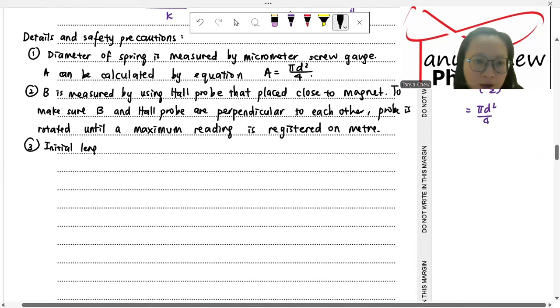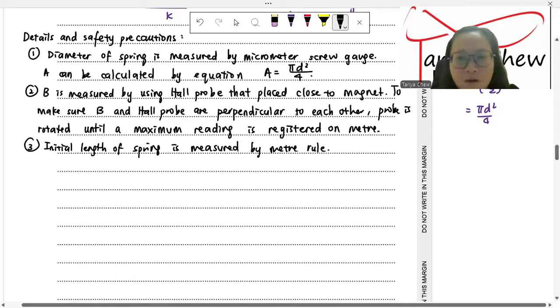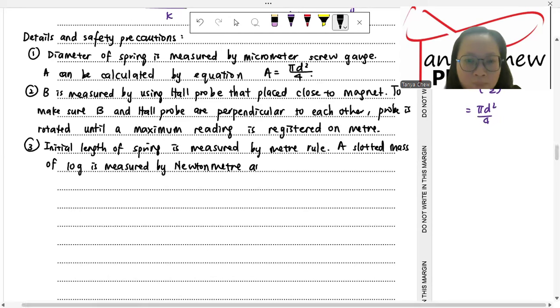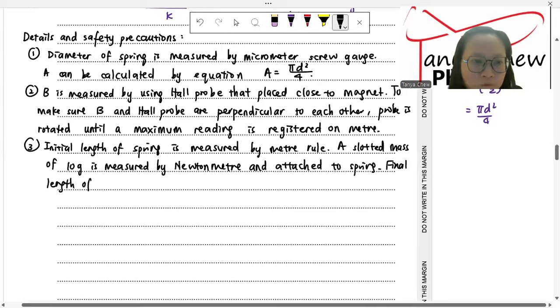The initial length of the spring is measured by a meter rule, and then a slotted mass of maybe 10 gram is measured by a Newton meter and attached to the spring. The final length of the spring is measured by the meter rule.